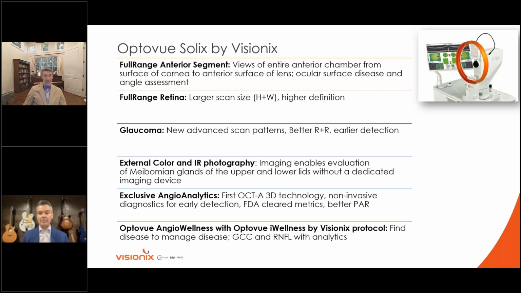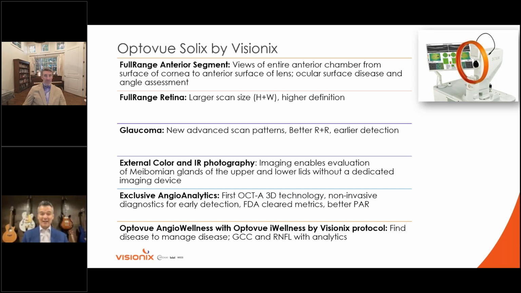Saying that though, both Jeff and I have the Solix by Visionix in our offices, and we're going to be focusing 98% of the efforts on anterior segment, but it is important to understand that this is a full scope OCT. It offers full range anterior segment that we're going to be talking about, but it also offers full range retinal imaging, not only traditional OCT, but also angiography.